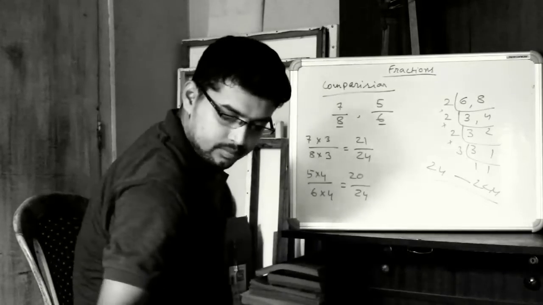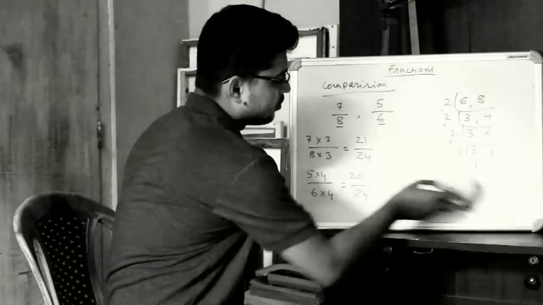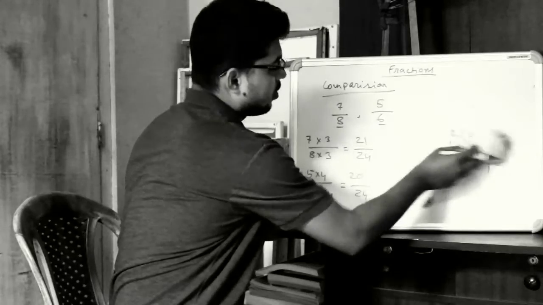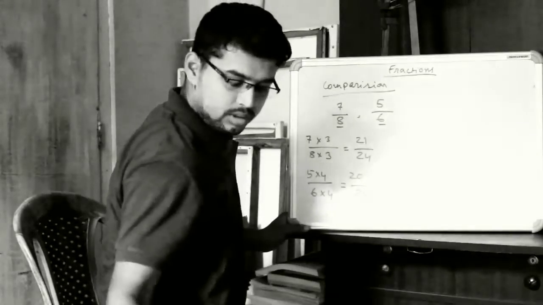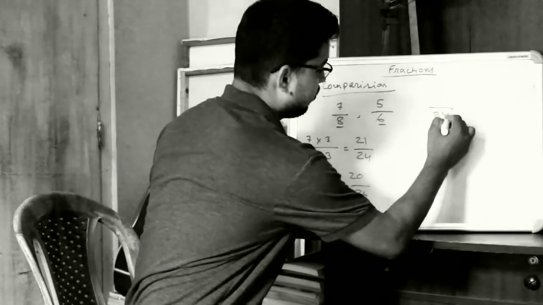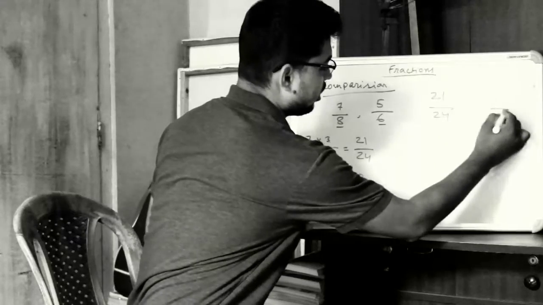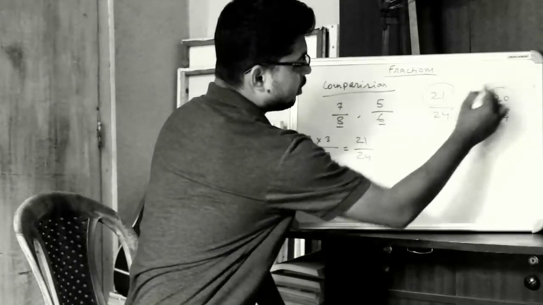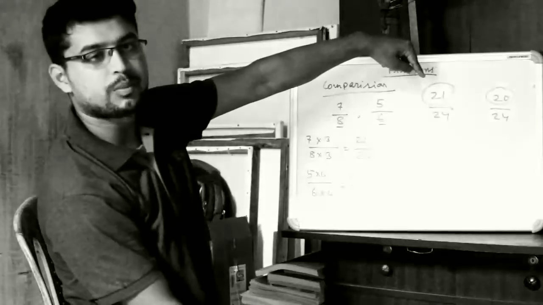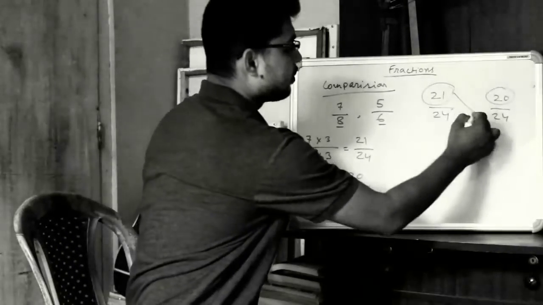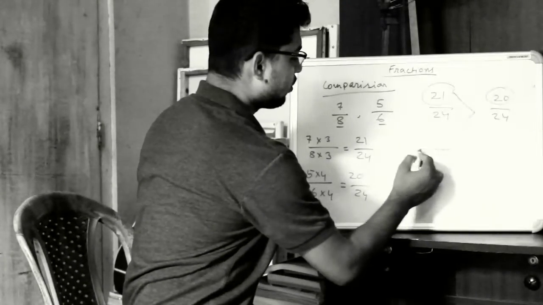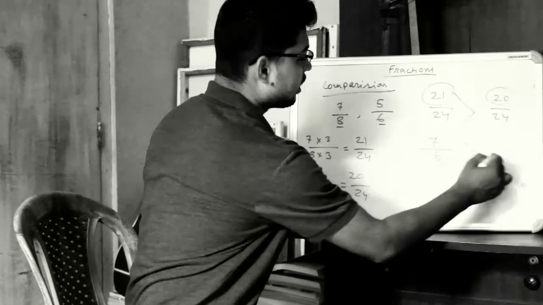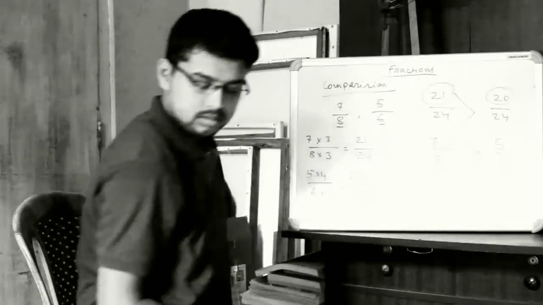Now see, 21 over 24 and 20 over 24. Which numerator is bigger? 21 is bigger than 20. So this fraction is bigger. It means 21 by 24, which is 7 by 8, is bigger than 5 by 6. Okay?